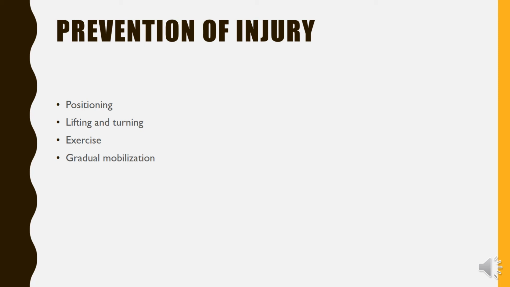Also, it's important to note that for paralysis, there are a couple different types of paralysis. One is flaccid, the other is spastic. Flaccid paralysis is where the patient is immobile and their limbs are very much like dead weight.